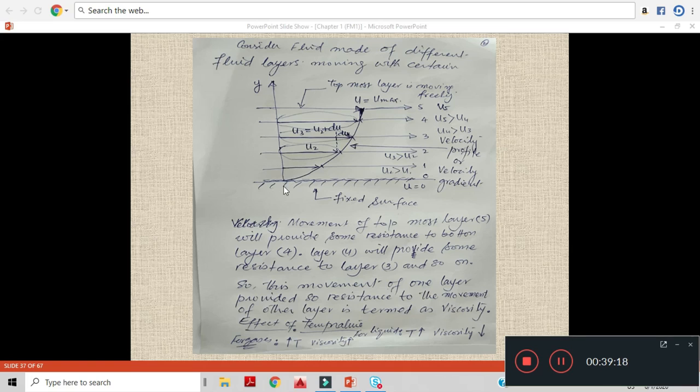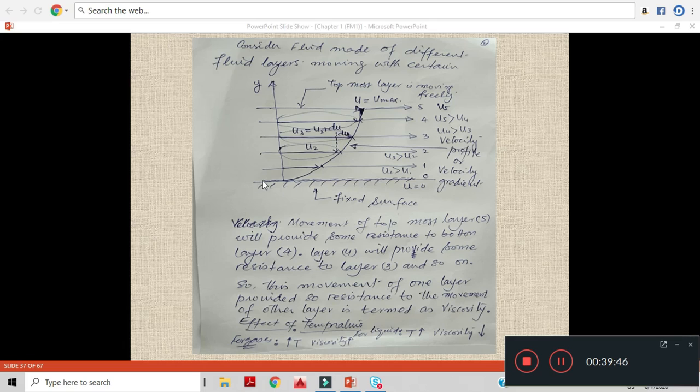Here the fluid is moving, because we are considering that a shear stress is applied on it and the top surface is moving. Okay, the bottom surface is fixed. Since the bottom surface is fixed, the very first layer of the fluid sticks with the solid surface due to the cohesive forces.